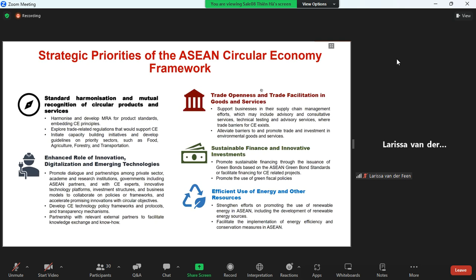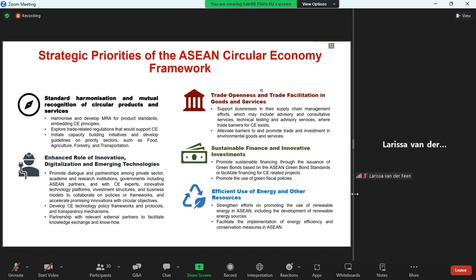So under these circumstances and the concept, in 2021, ASEAN developed the circular economy framework for the ASEAN Economic Community. This includes the 3 strategic goals.